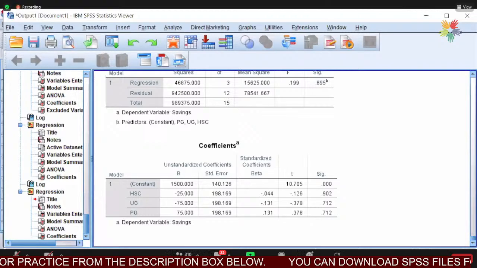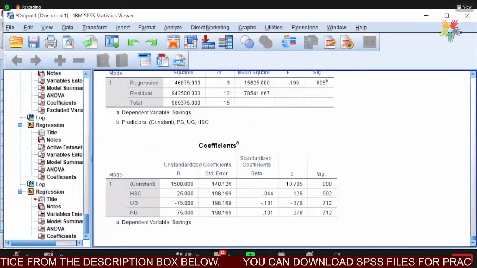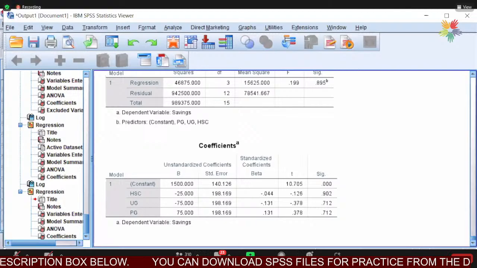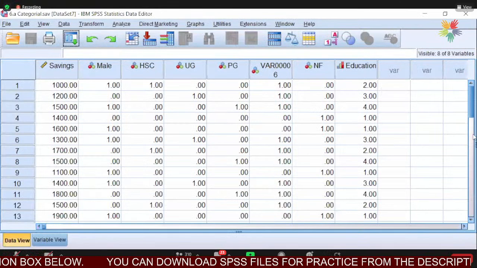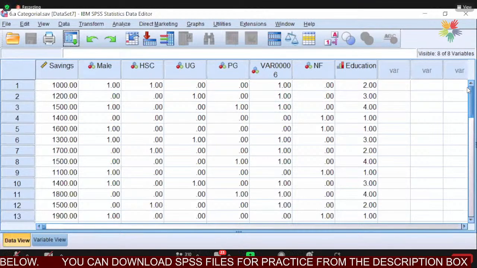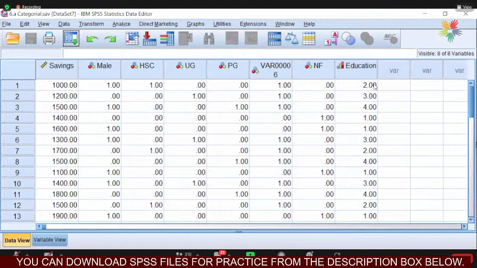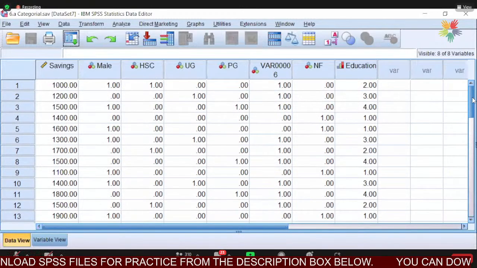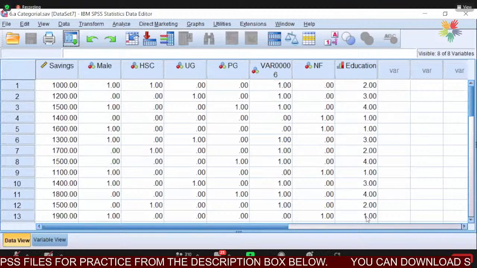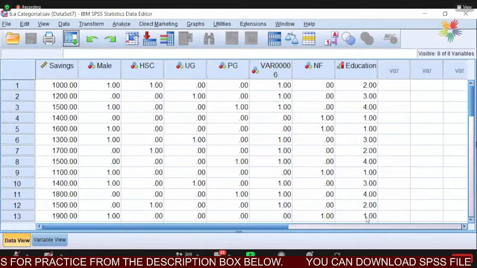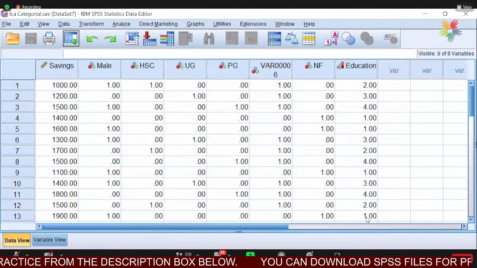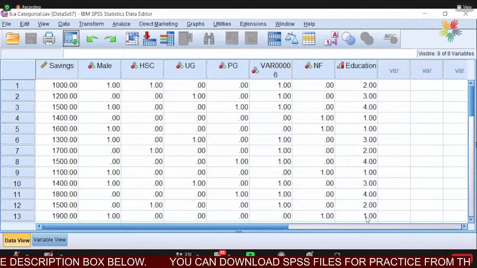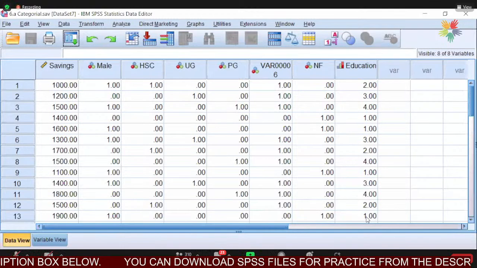Now we know this is our categorical variable, education. If you take a categorical variable, what is the mistake? We know the mean values and have rightly interpreted the result.